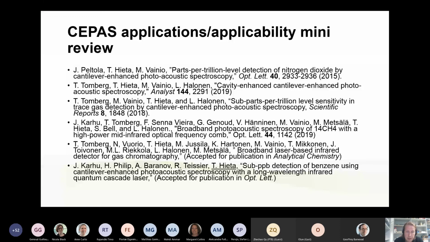But please also note that the list does not include every interesting cantilever enhanced photoacoustic article out there, and I have left out, for example, some supercontinuum work and some FTIR work, because quite frankly, I haven't been that involved in those works or publications.